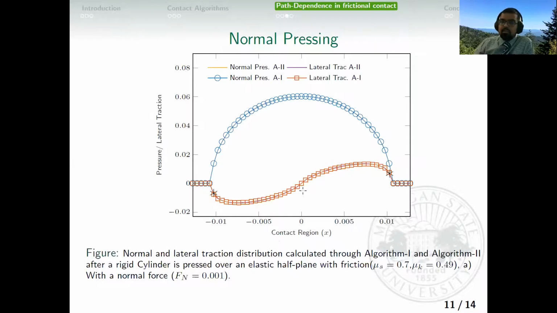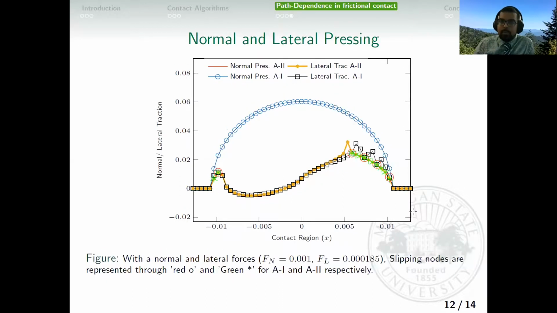But we would like to understand the dynamic, nonlinear behavior of joints, so we implemented other friction models. Here we implemented the two-parameter Coulomb friction with Goodman decoupling approximation, where the static coefficient of friction is 0.7 and the kinetic coefficient of friction is 0.49. First we press the cylinder normally, and we find that both the normal pressure and the lateral pressures are in line with each other.